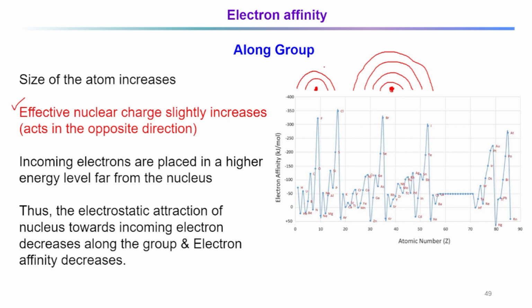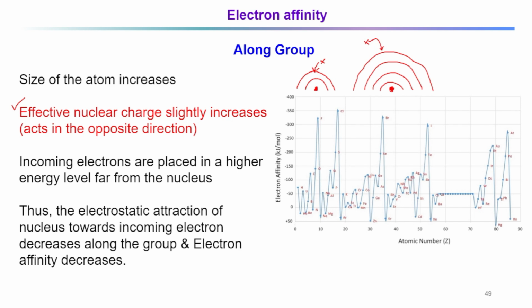When we are trying to place an external electron, we are placing the electron here in the second shell. But in this case, when we place an additional electron, we are placing it in the fourth shell. So the nucleus is much closer in this case.